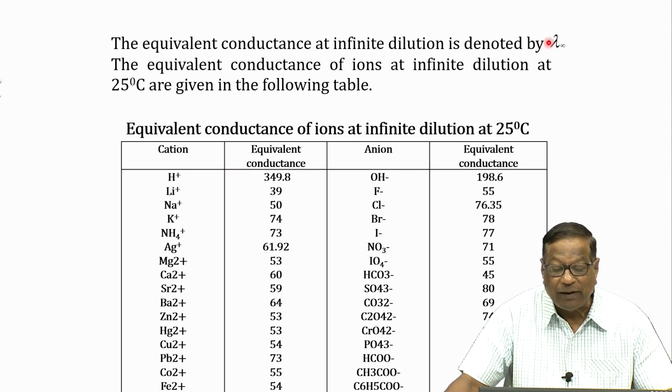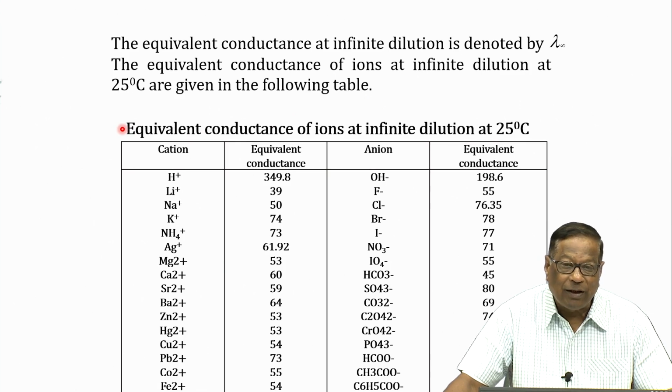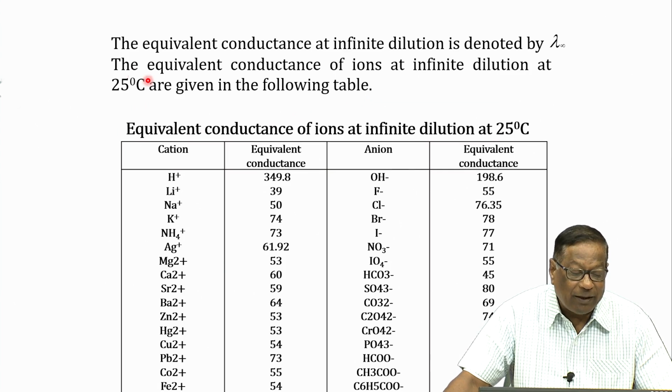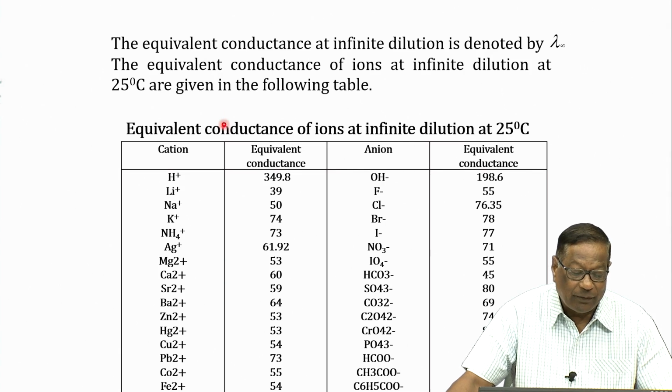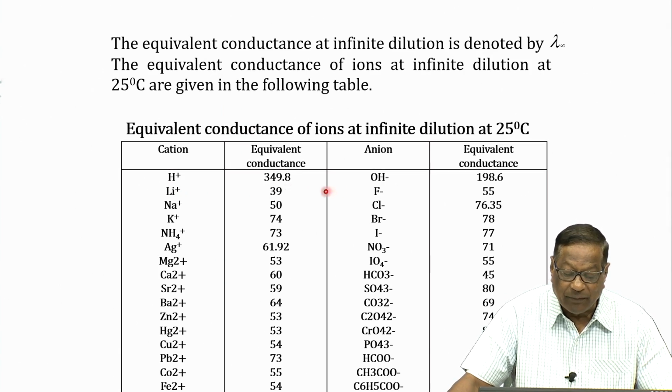Okay, lambda infinity. The equivalent conductance of ions at infinite dilution are always measured at a particular temperature. So, we write 25 degree centigrade here. This is only useful for comparison. So, what do we have here? H plus, what is the equivalent conductance? 349.8, and OH minus is approximately half of that, 198.6.